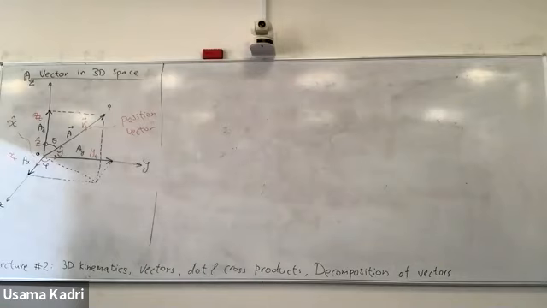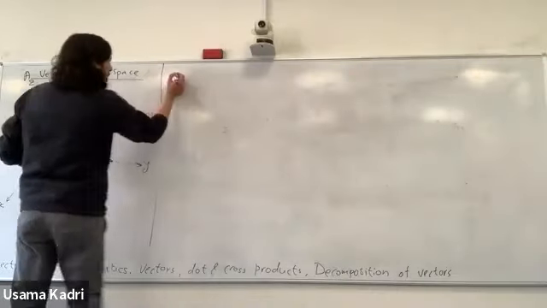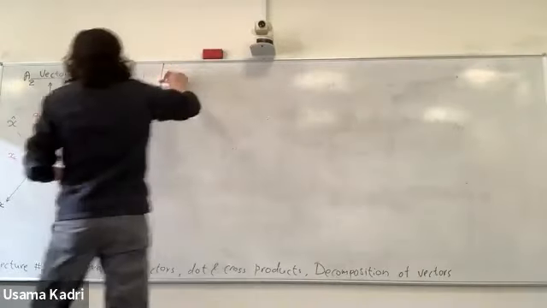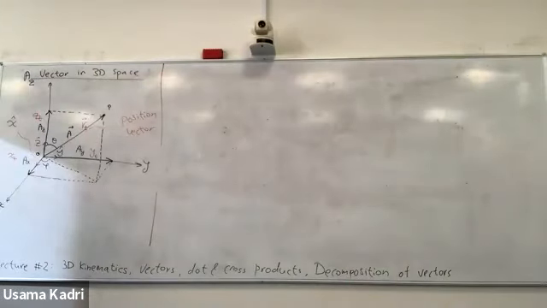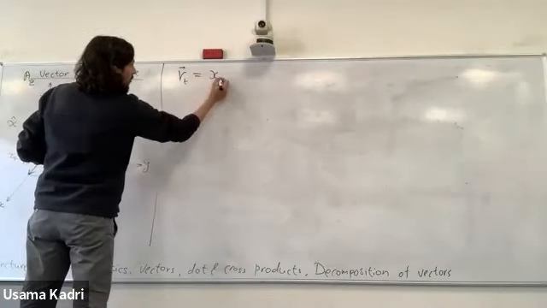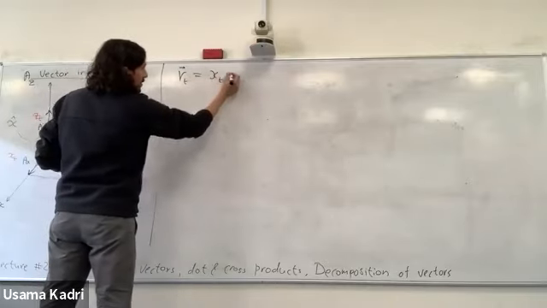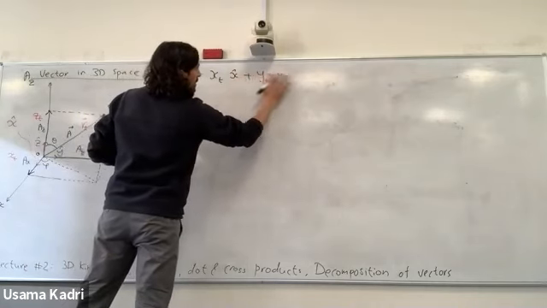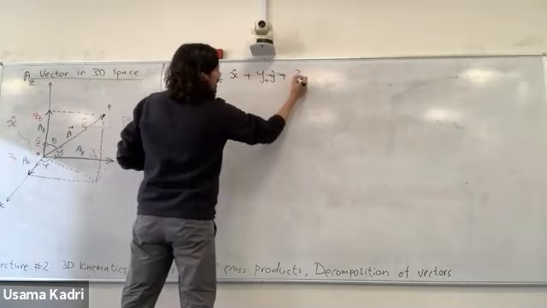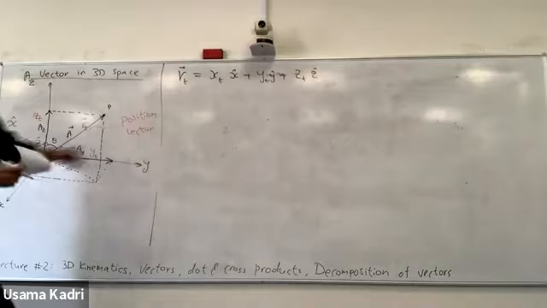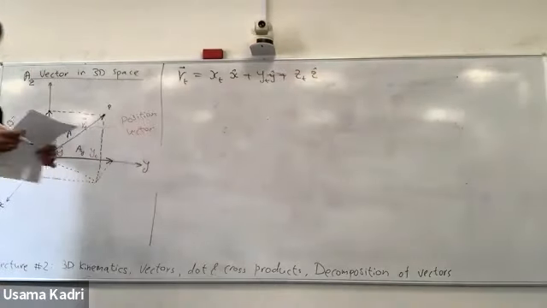So now I can write a position vector r of t, which is what? x of t in the x direction, plus y of t in the y direction, plus z of t in the z direction. Just as before, it's just now x of t, y of t, and z of t are functions of time.